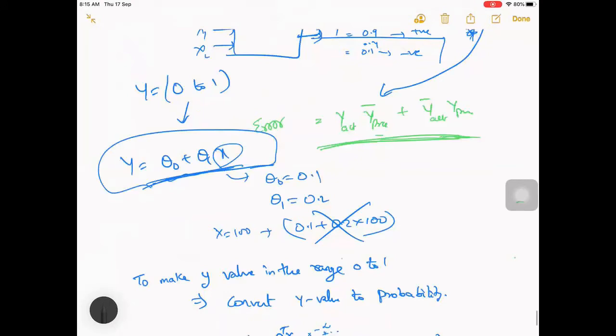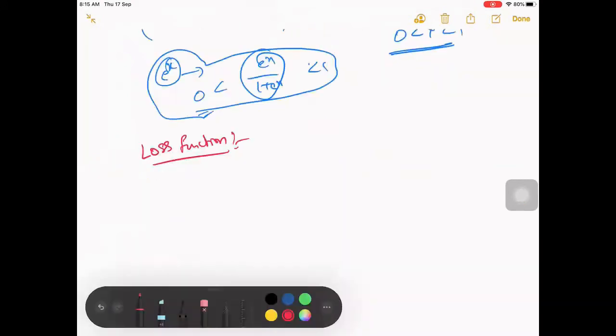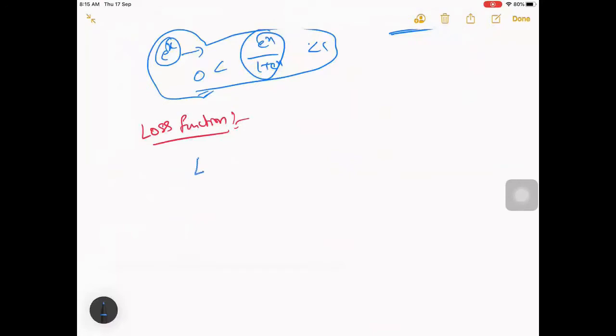The error function, we call it error, you can call it anything. Error would be y actual minus y predicted bar plus y actual bar into y predicted.